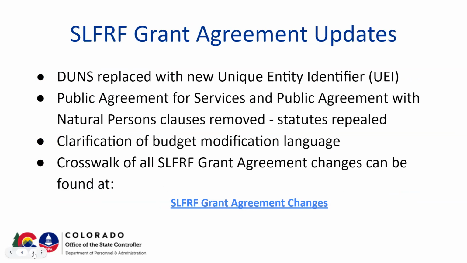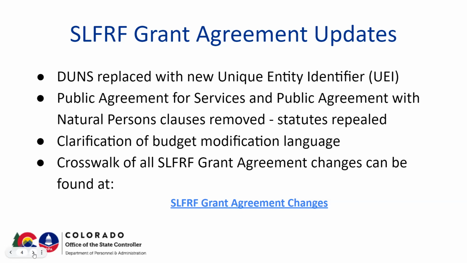Some recent changes to the grant agreements. Of course, the DUNS is no longer being used by the federal government. So that was replaced with unique entity identifier. It's much easier to say UEI.